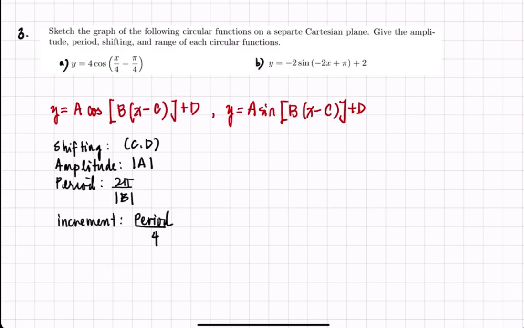Tama? So, ang susundan nyo muna lagi yung form. You have to write the given sine and cosine function in this form. What do I mean by this form? Kailangan yung sa angle, ang coefficient ni x ay 1. Ifa-factor nyo yung coefficient niya.